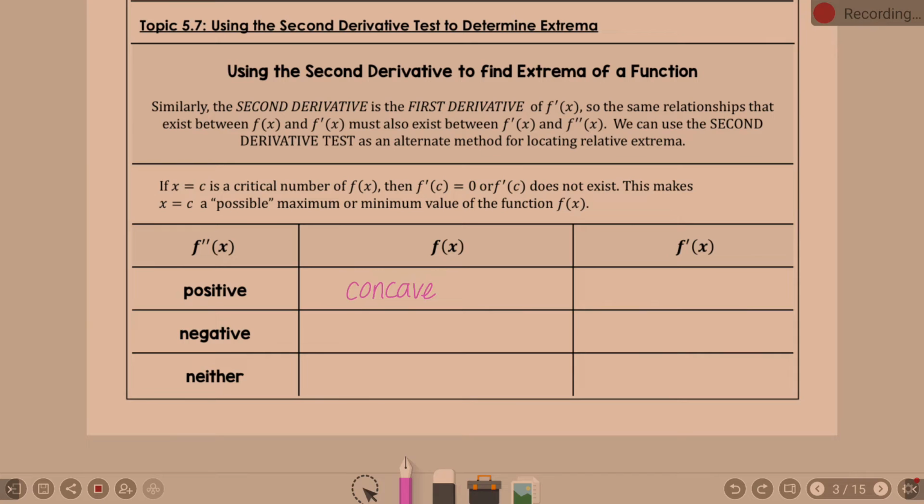Concave up. Now, with that in mind, if the original function is concave up, then that means the first derivative is increasing.